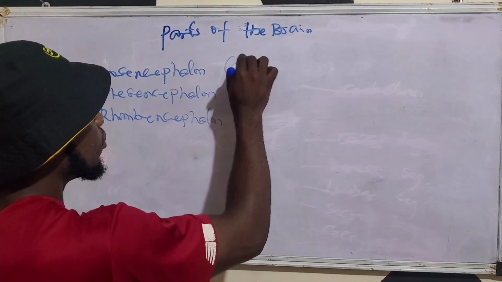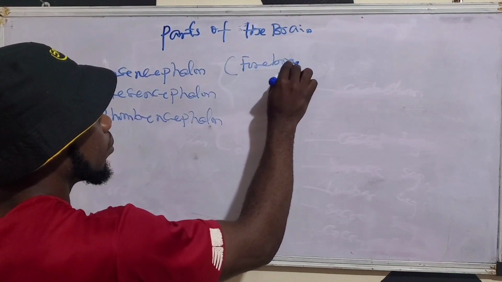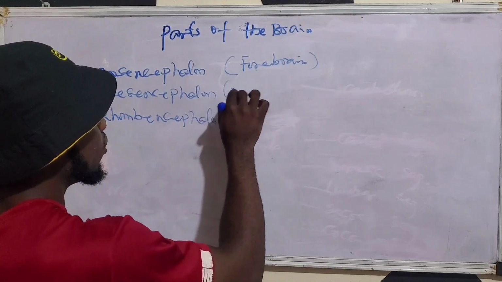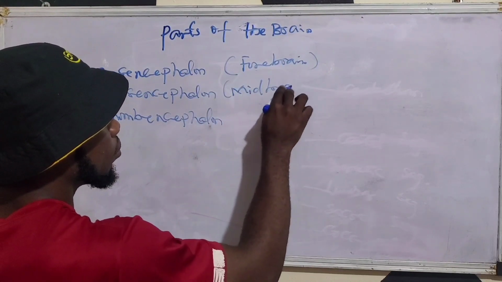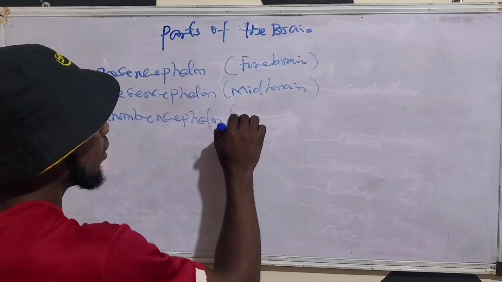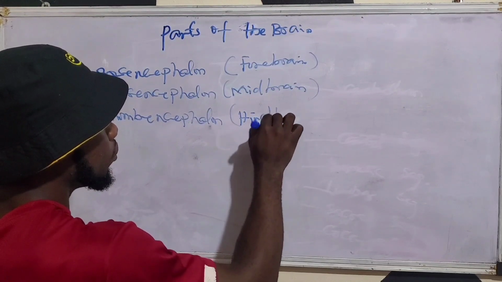Otherwise, you can call this the forebrain, this is the midbrain, and finally this is the hindbrain.